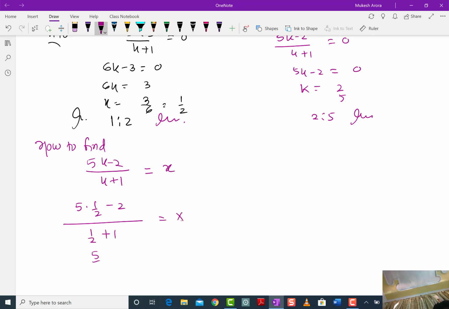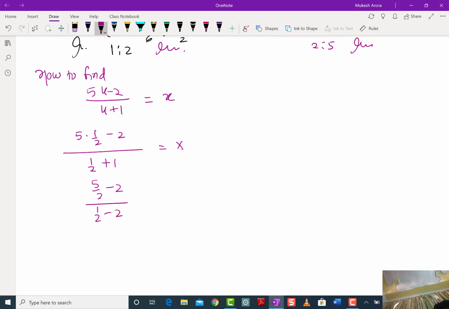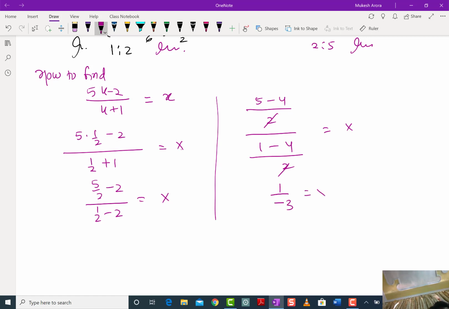So it will be 5 by 2 minus 2 upon 1 by 2 plus 1 is equal to x. So 2 is LCM, 5 minus 4 upon again 2 is LCM, 1 plus 2 is equal to x. This 2 is cancelled. This is 1 by 3, the value of x. Same way we can find the value of y.